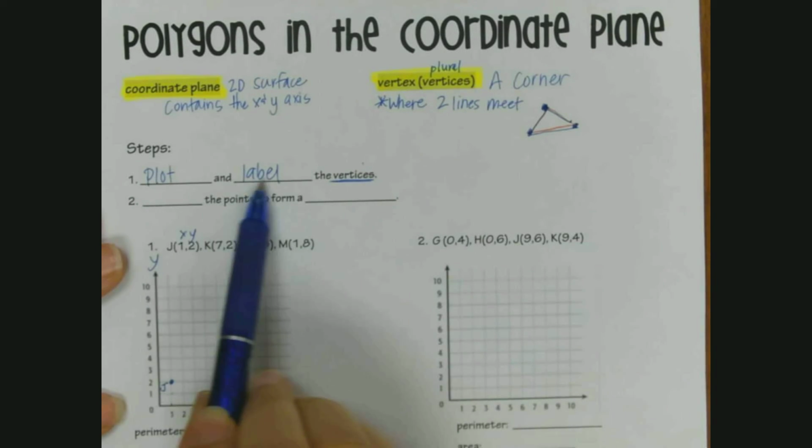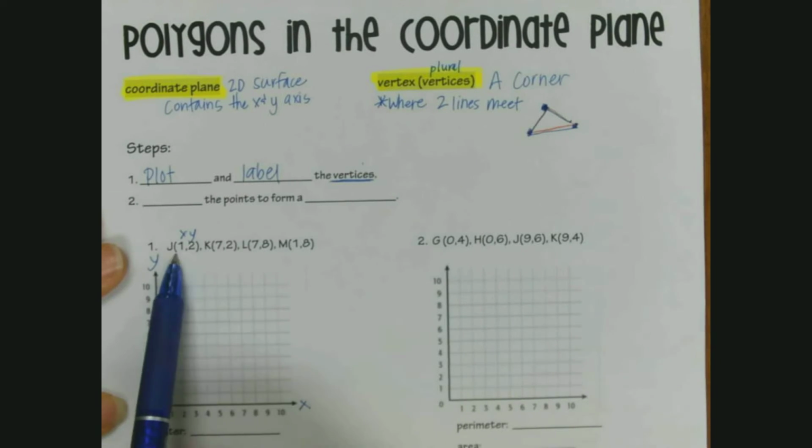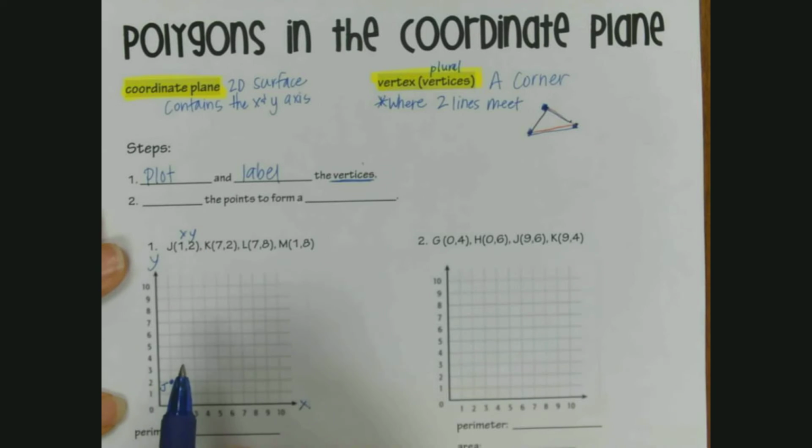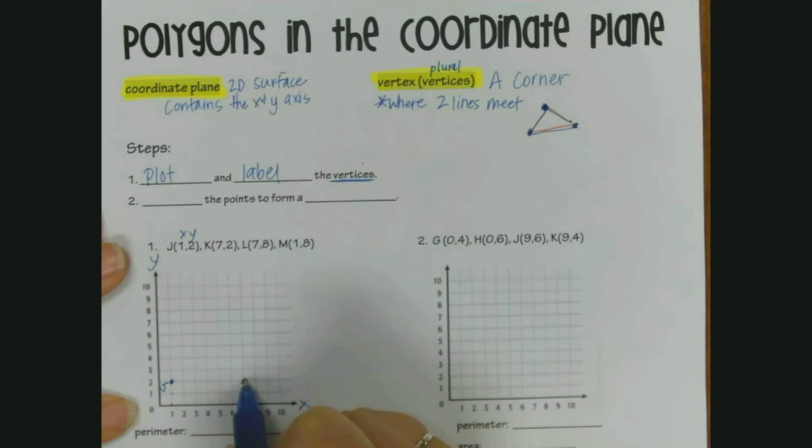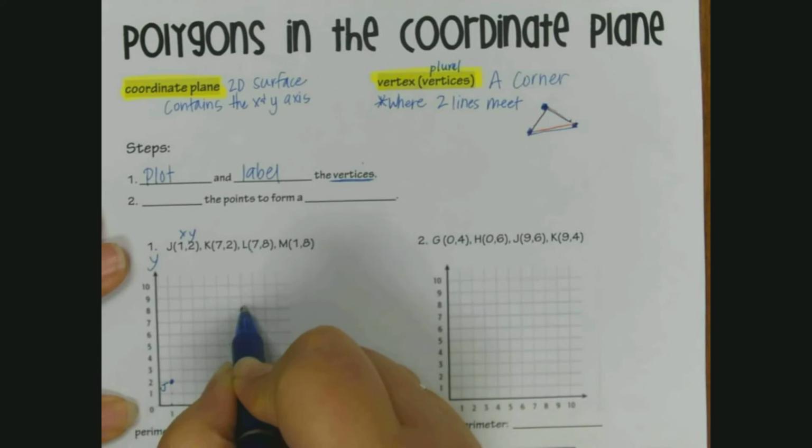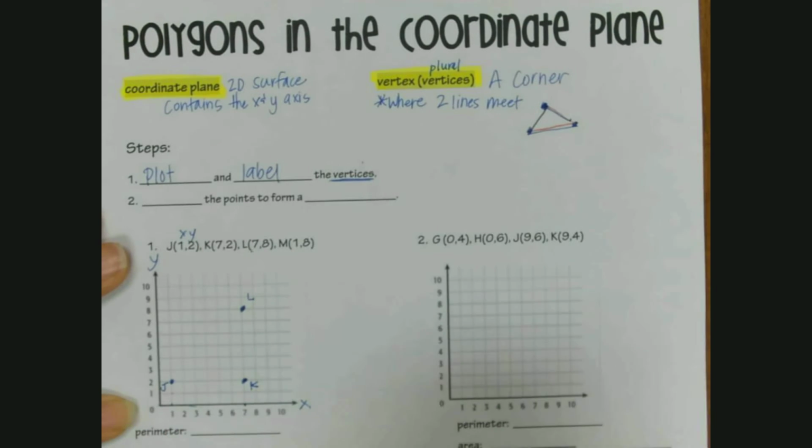So step 1, we did it. Plot and label the vertices. There's 1. Now I've got K, which is 7, 2. So start at the origin, go over 7 and up 2, plot and label. That is K. Okay, for L, I've got 7, 8, over 7, up 8. That is L, plot and label.